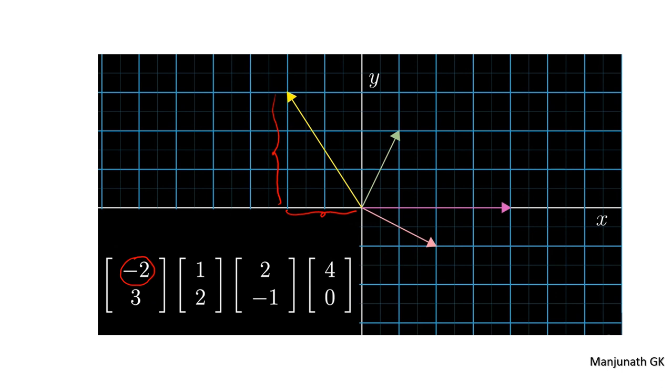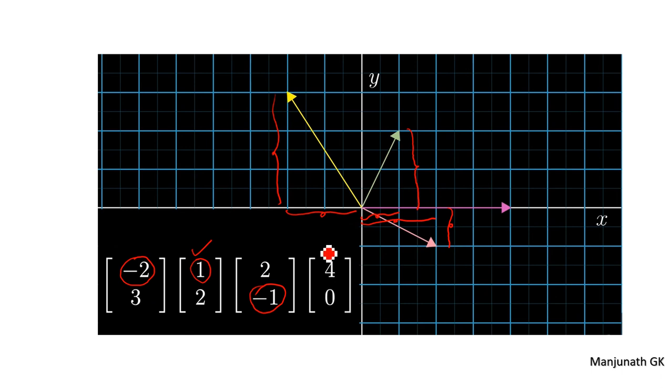The next vector is 1 and 2: along the x-axis it is 1 unit, along the y-axis it is 2 units. Vector number 3: along the x-axis it is 2, along the y-axis it is minus 1. The direction is opposite to positive values.